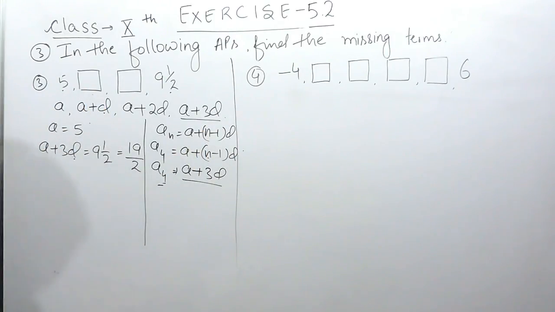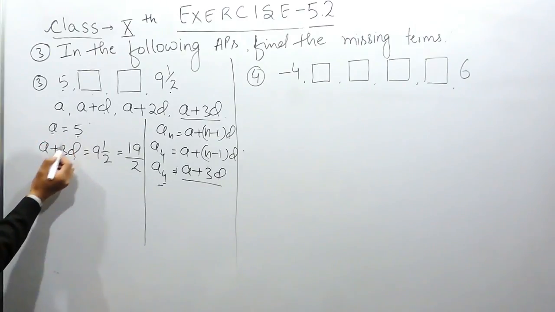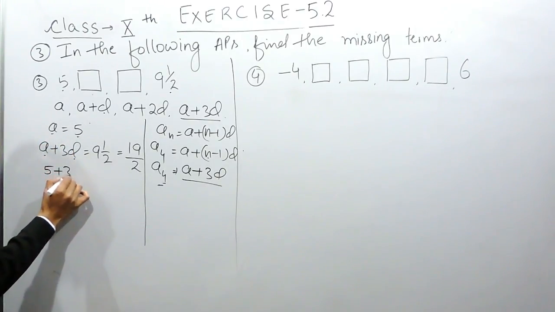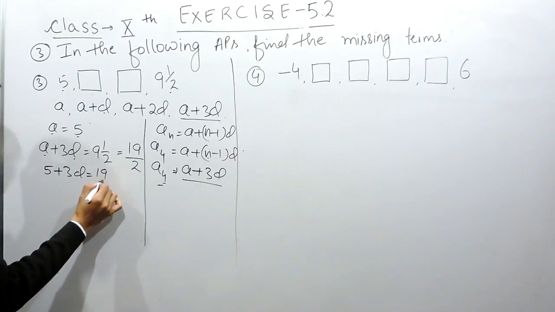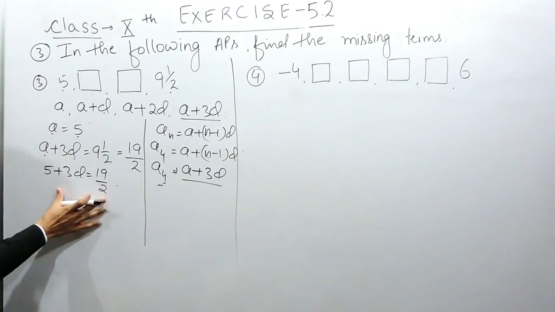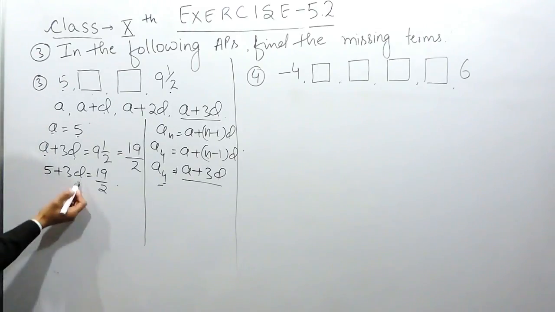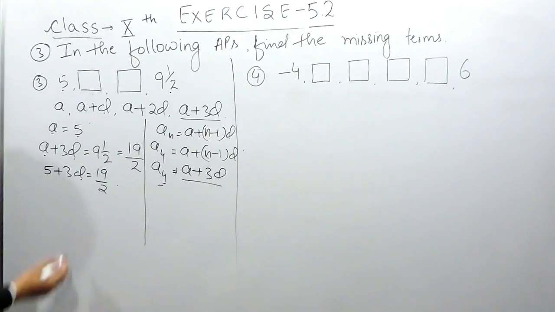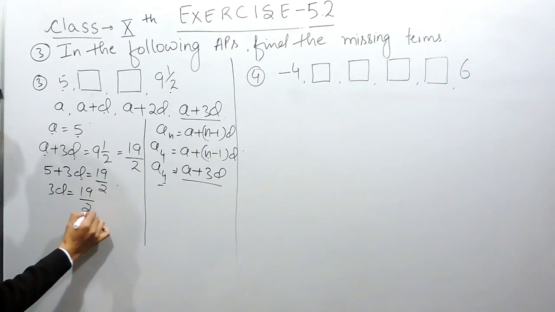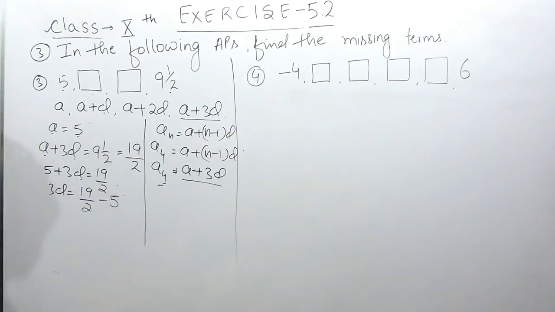So let's solve this. I can substitute the value of A as 5. So this will become 5 plus 3D equals 19 by 2. Now I can shift this constant to this side, because if you want to solve a linear equation for a variable, you have to shift all the constants to one side and all the variables to one side.